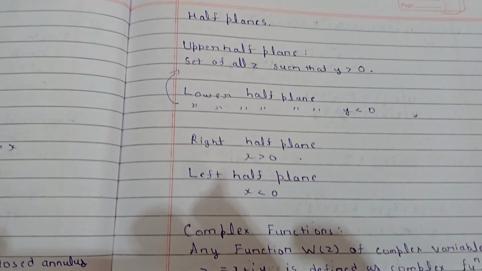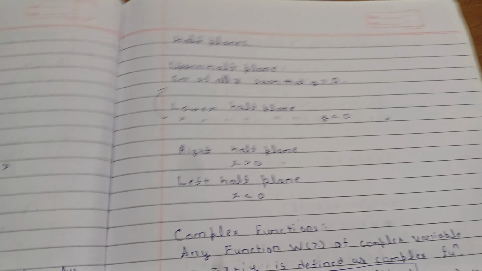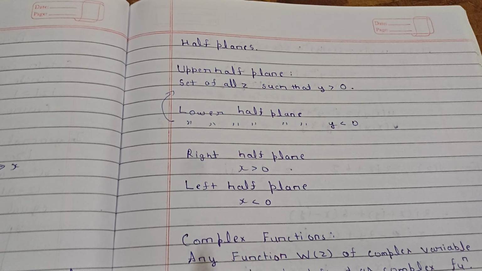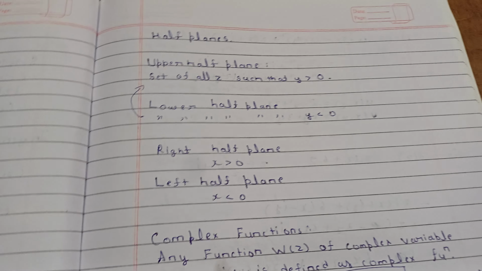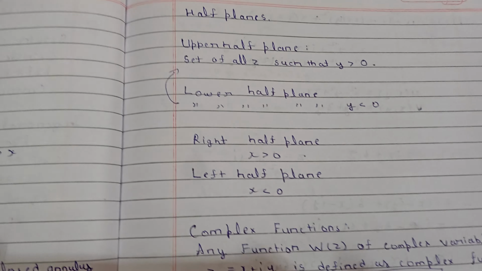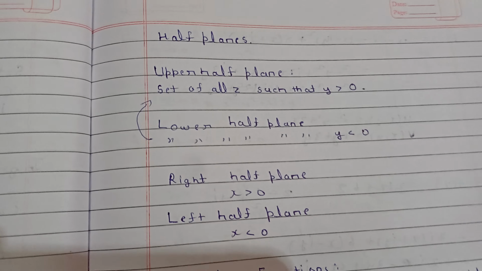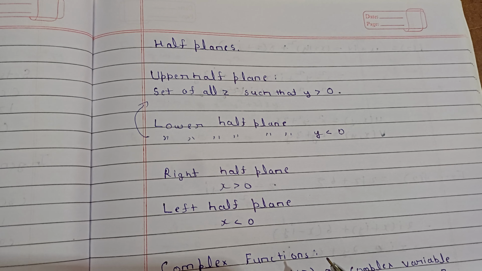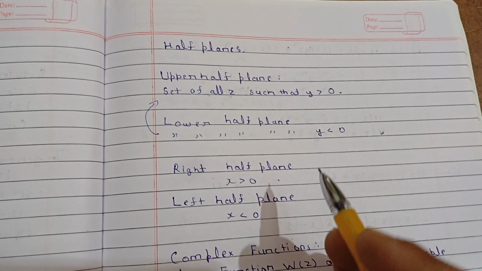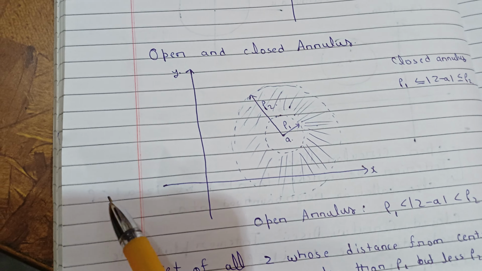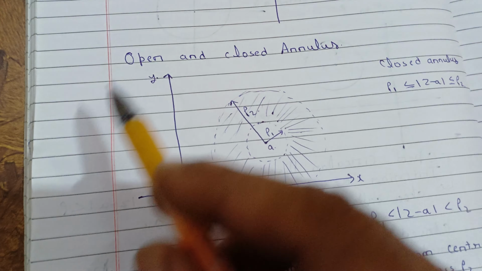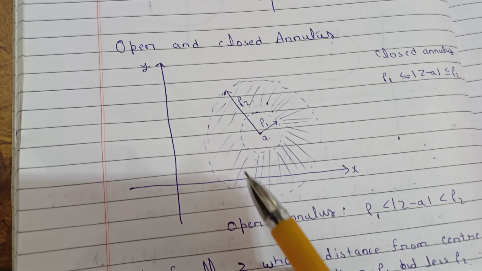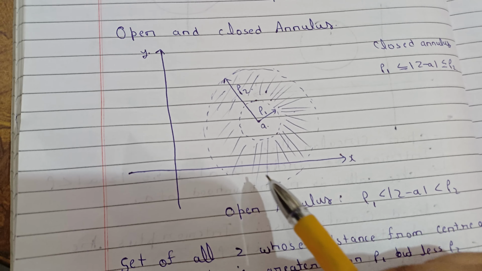Now let's see some terms that can be defined, meaning in the questions you will get these terms like half planes: upper half plane, lower half plane, right half plane. You must know what these are so you can solve the questions. If I define half planes for you, then the upper half plane is like this: you take this coordinate system, and above the x-axis is called the upper half plane, and below it is called the lower half plane.